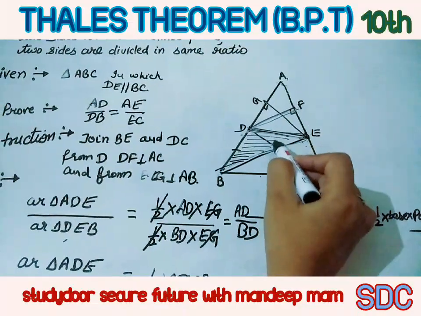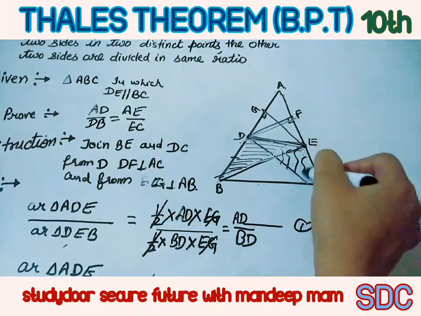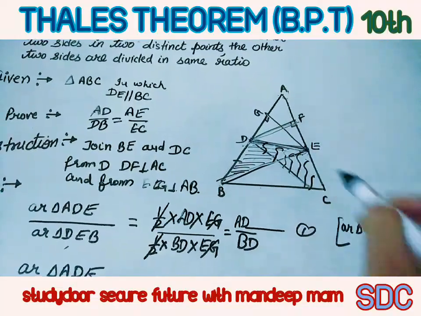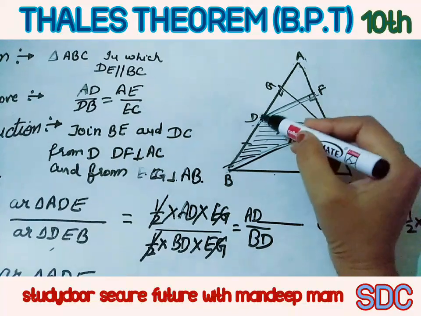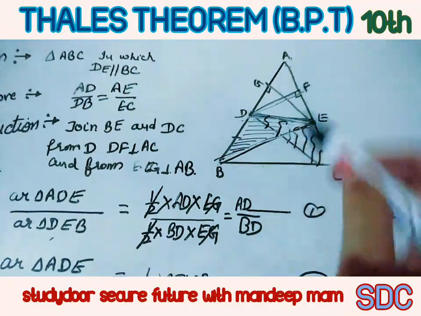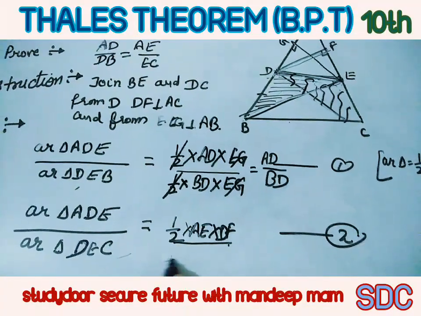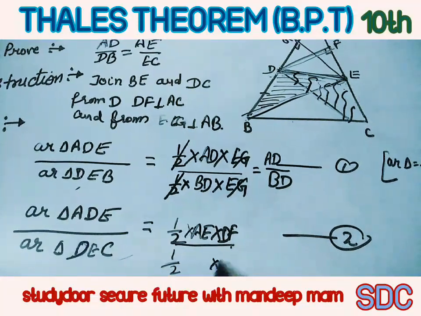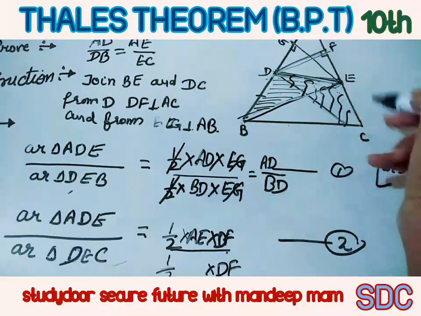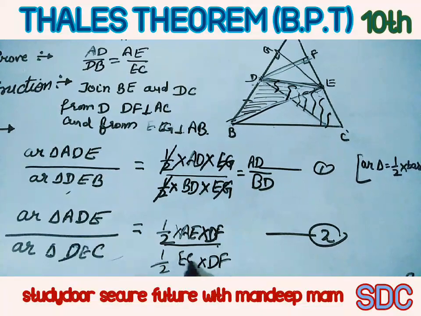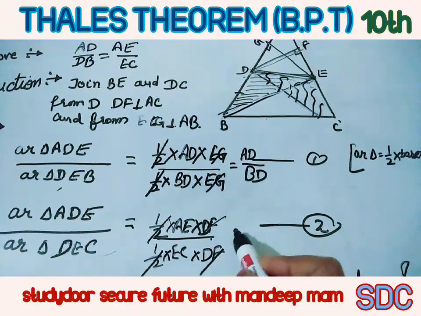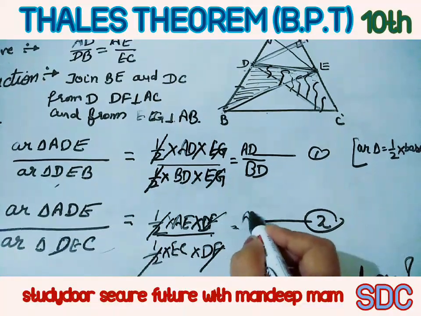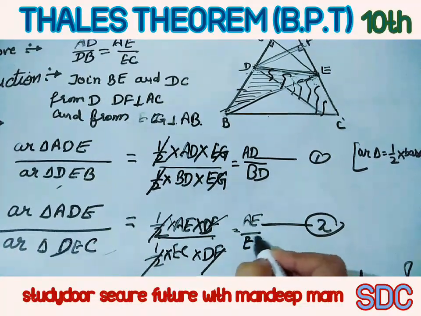Which is DEC? This one is our DEC. So the perpendicular of DEC is outside the triangle, that is DF. 1 by 2, perpendicular is DF and base is EC. 1 by 2 cuts with 1 by 2, DF cuts with DF. So our remaining part is AE by EC.